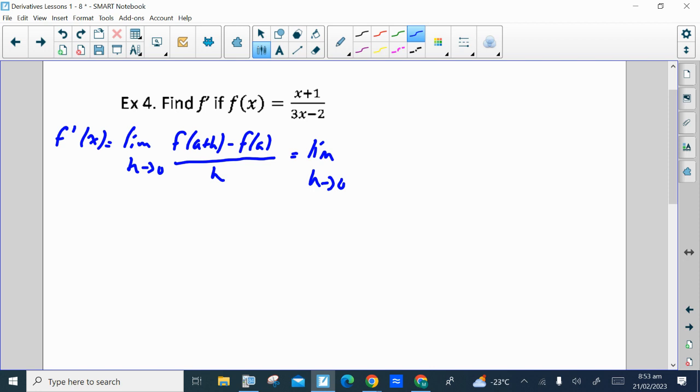So I'm just going to leave the h in there, and then we'll put the x back in after we're done going through all of this. But again, the first part is f at a plus h. So we're going to replace the x with a plus h. The bottom, again, we replace the x with a plus h. Minus f at a, so it'll be a plus 1 over 3a minus 2, all over h.